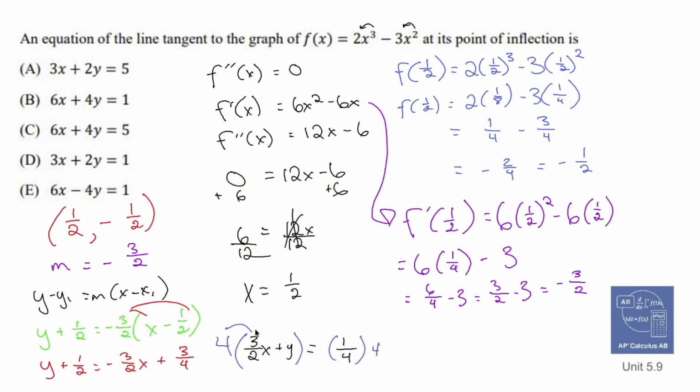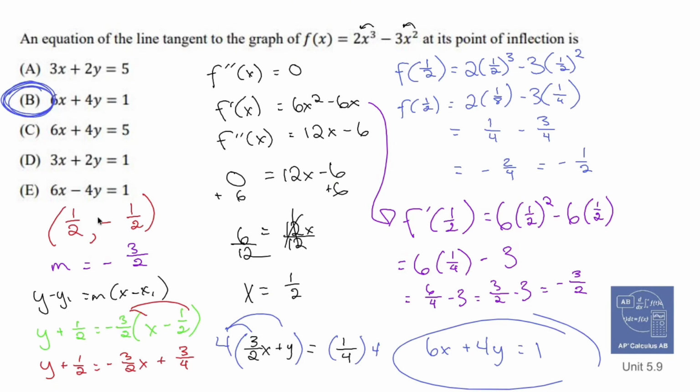So 4 times 3/2 is 6x plus 4y equals 1. Tricky, kind of tough.